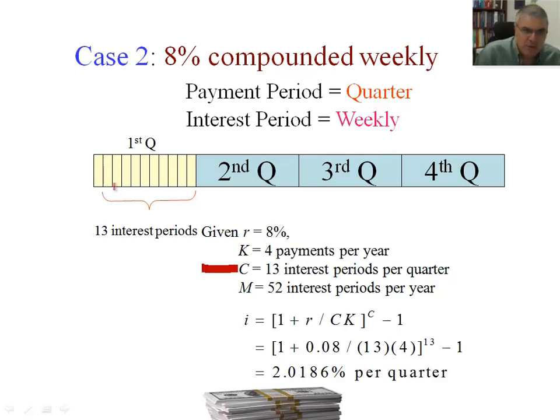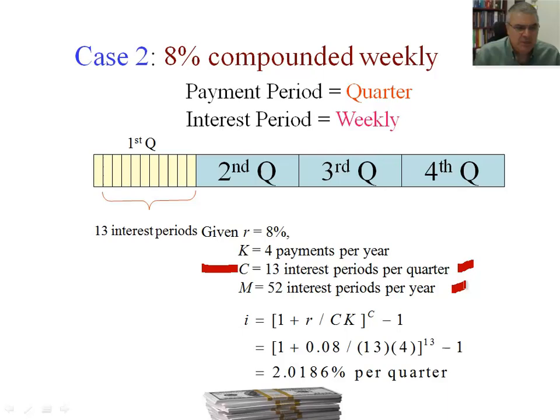If you count them, 1, 2, 3, 4, 5, 6, 7, 8, 9, 10, 11, 12. If you start counting, you would see that in the first quarter, because the interest period is at the end of each week, you end up with 13 weeks per quarter, and that would translate into 52 interest periods per year.